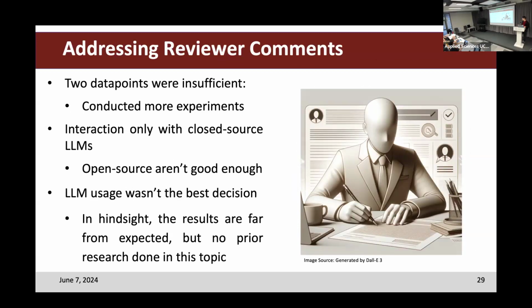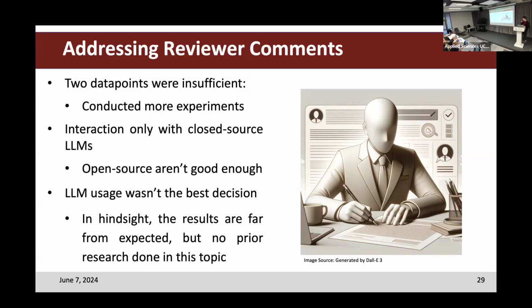There's a chatbot arena which has results, and there are a lot of open source models in the top. Yeah, we tried Llama 2 at the beginning of our research, using the same prompts that I had for the GPT models.